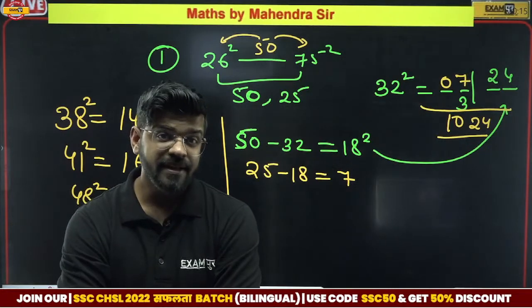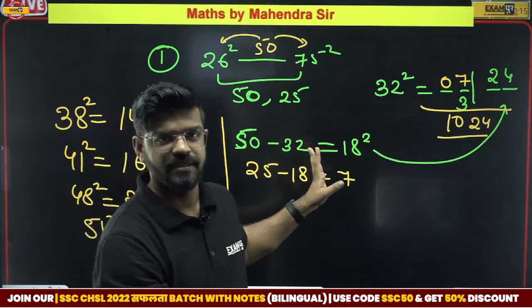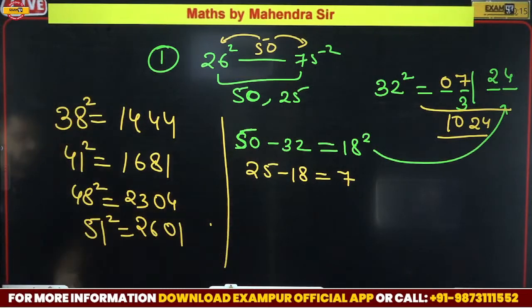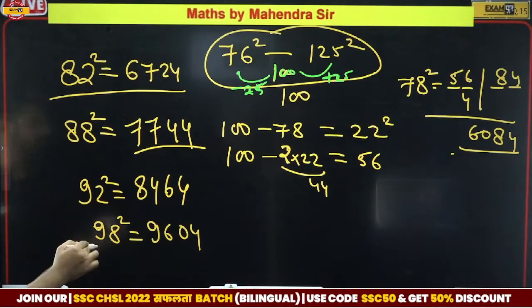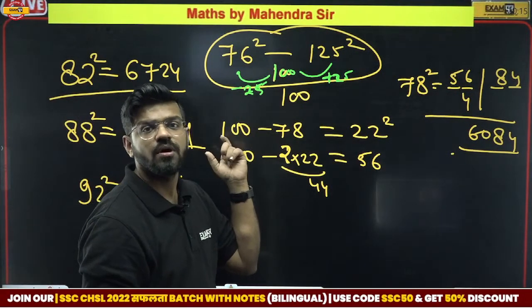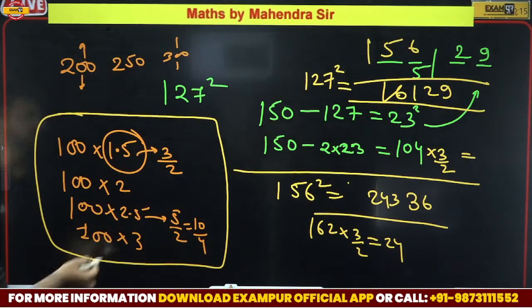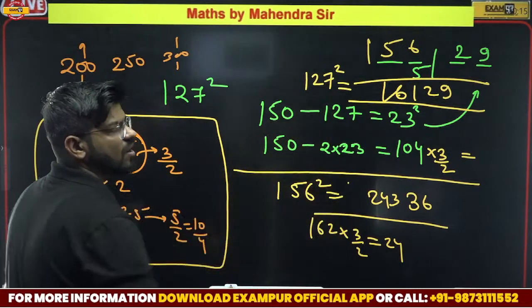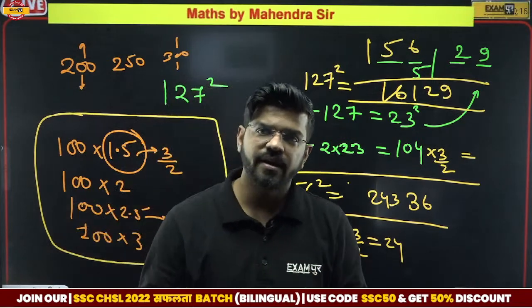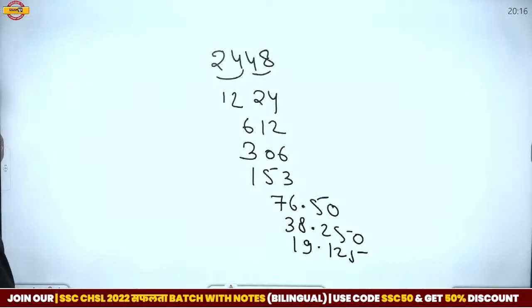By subtracting it from 50 or a multiple of 50, either subtracting or adding to 50, 100, 150, 200, 250 or 300. So what's the trick, sir?